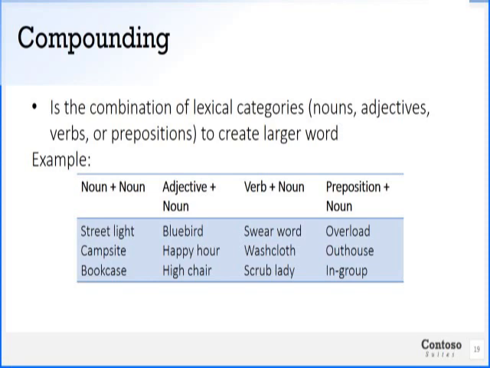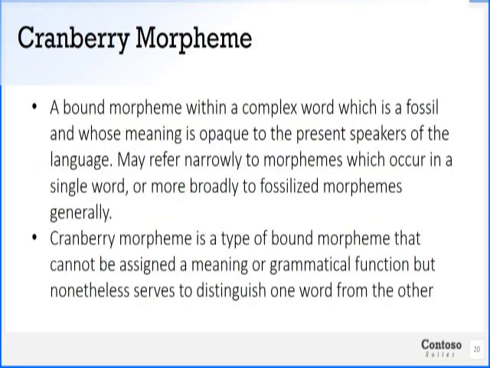Okay, the next process is cranberry morpheme. I think you will have a little bit of confusion for this part. Yeah, cranberry morpheme. What is it? Cranberry morpheme is a bound morpheme within a complex word, which is a fossil and whose meaning is opaque to the present speaker of a language.